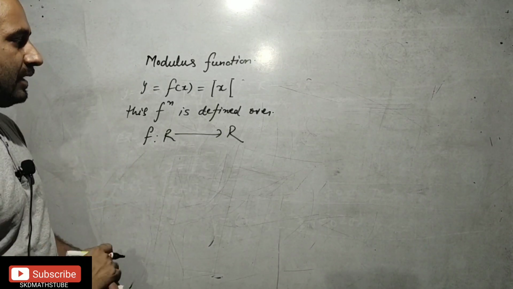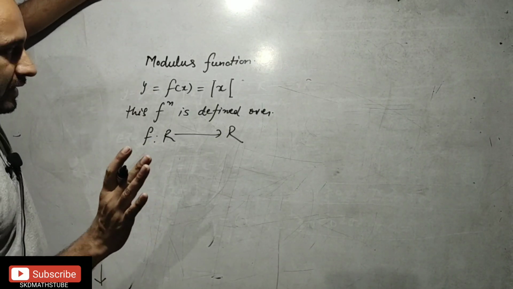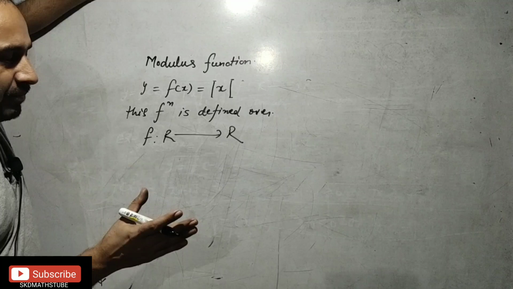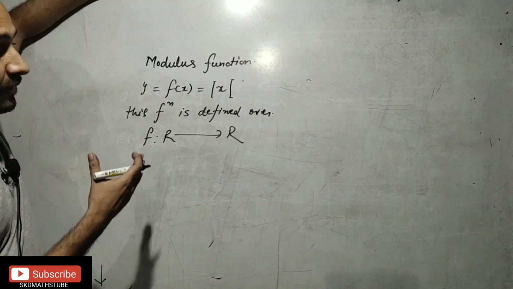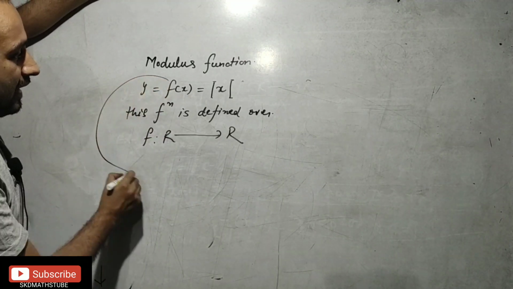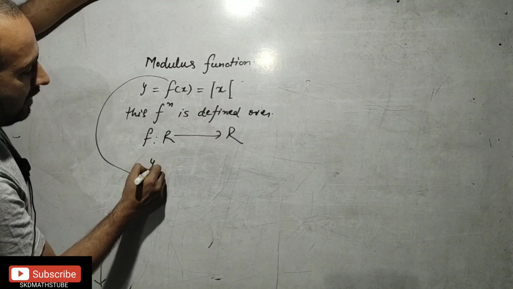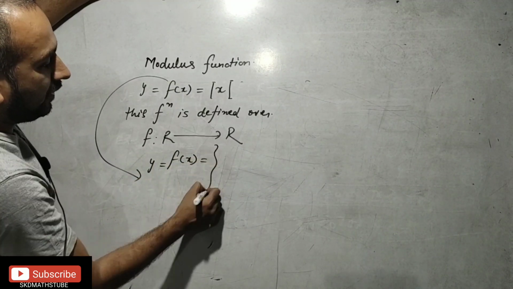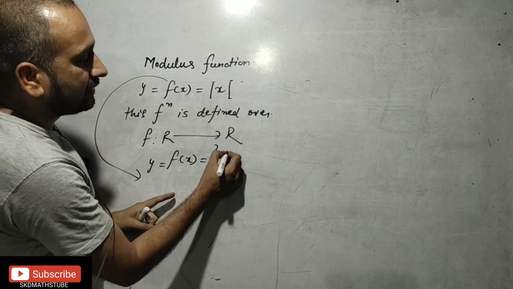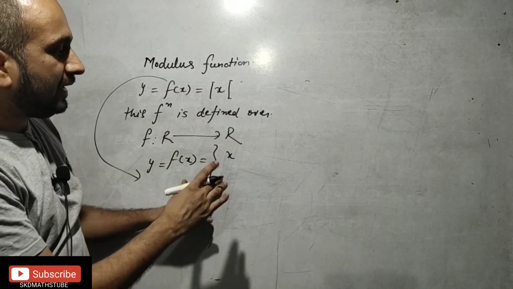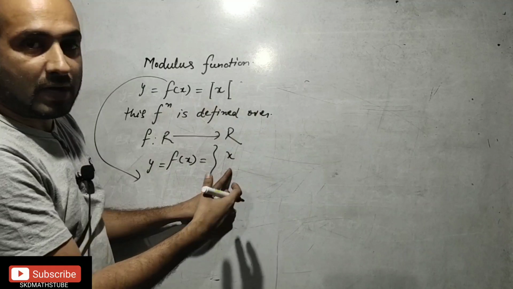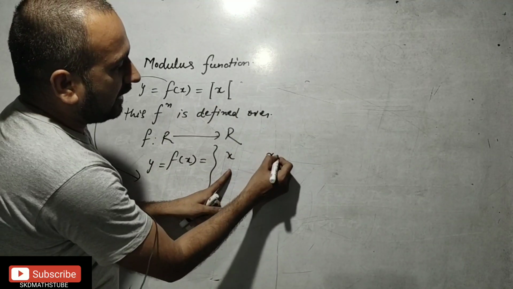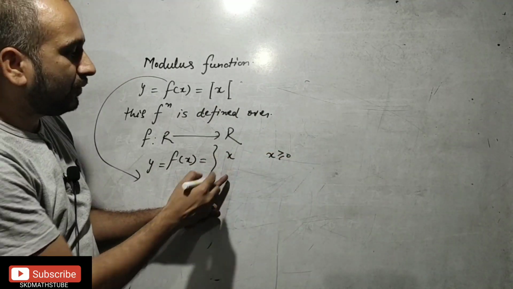So now, students, you can accept this definition for the modulus function. Here you can write y equals f(x) equals x, when x is greater than or equal to 0. You know very well that when the values are already positive, you will get the same value.